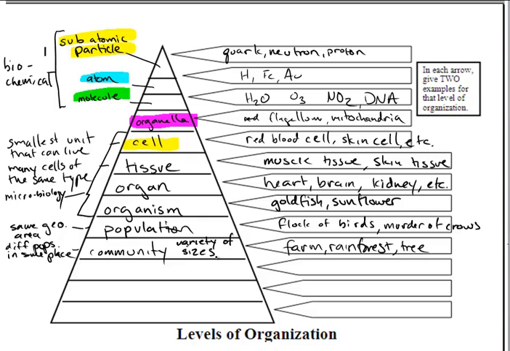Okay? Well, population and community are only concerned with the living components of an area. Do these organisms interact with their environment? Can the environment have an effect on these organisms? Yes.